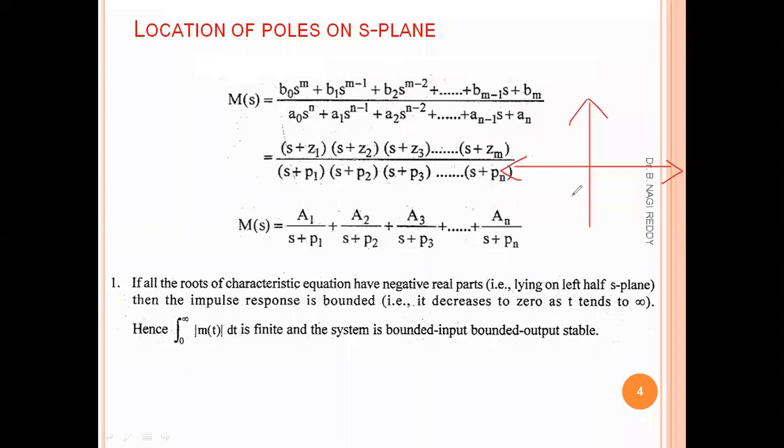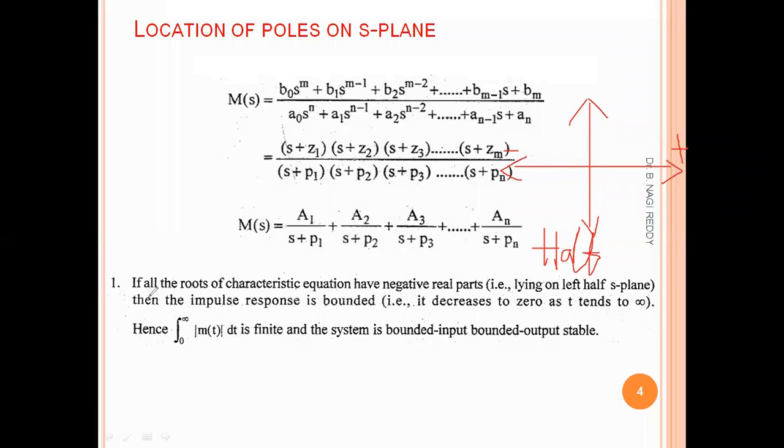Just now we discussed the S plane, where this is the positive real part and this is the negative real part. Simply, we can call this the positive half of the S plane, and this the negative half.